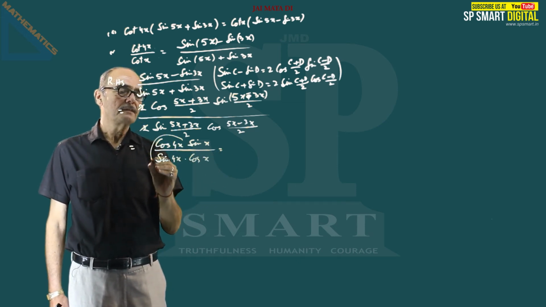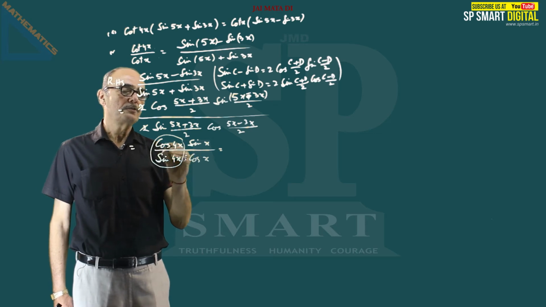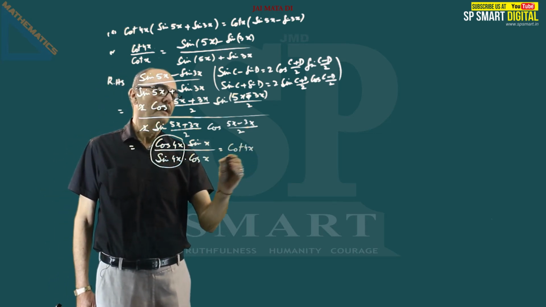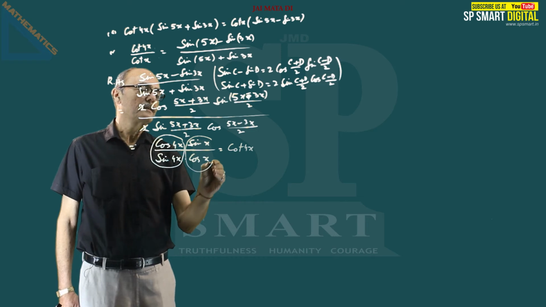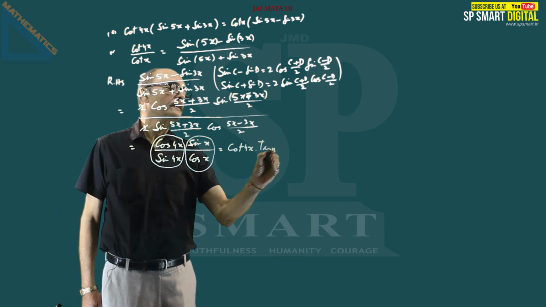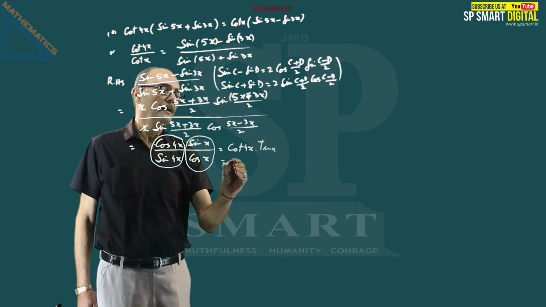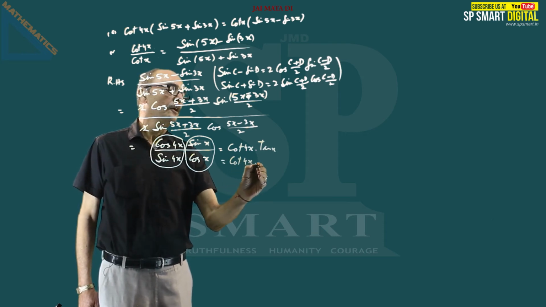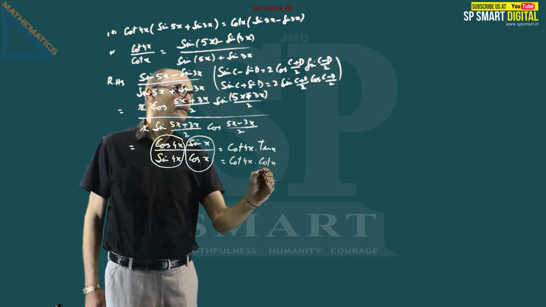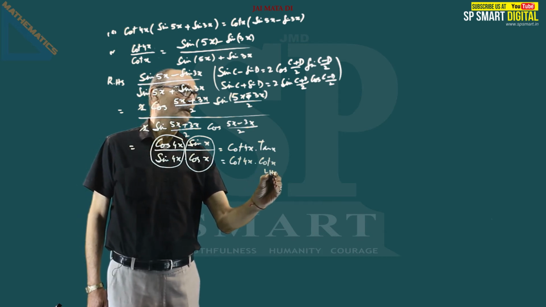If you combine this cos over sine, it is cot 4x. If you combine this, it is tan of x. And now here, to make it the left hand side, we change this in terms of cot x, and this is the left hand side.